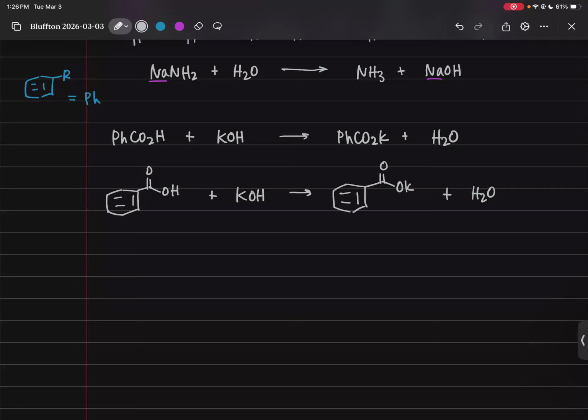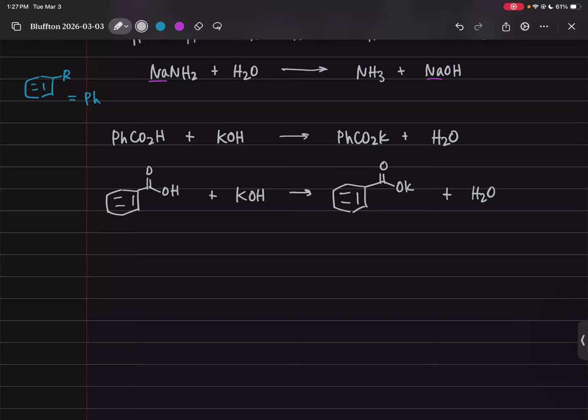But this example is on the simple side, so maybe you can still see what's going to be the conjugate acid, the acid, and the base, the conjugate base. But we don't have any ions, right? It didn't look like it, but they've been written so that the cation and the anion are together.